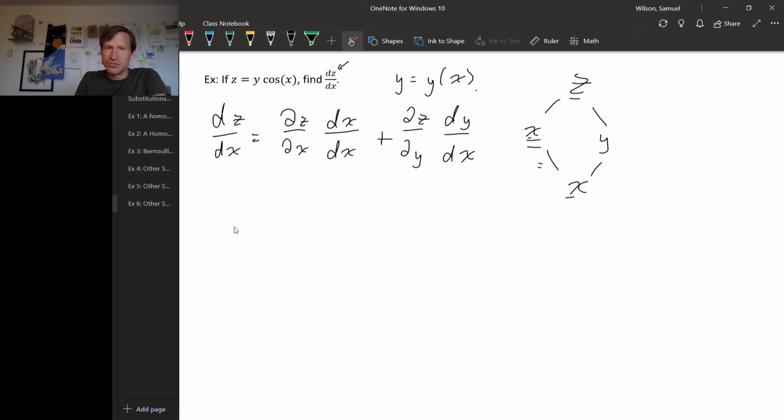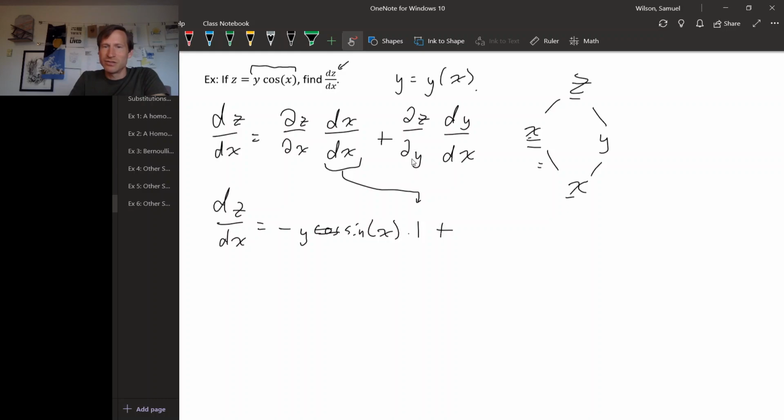And again, some of these derivatives we can work out. So dz dx is, now the derivative of z with respect to x, right? We take this formula for z, and we take its derivative, treating x like the variable. So we get minus y sine x times dx dx. Now this we can evaluate. That's just 1, right? The derivative of x with respect to x is 1.